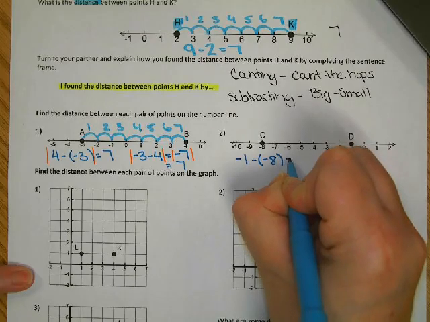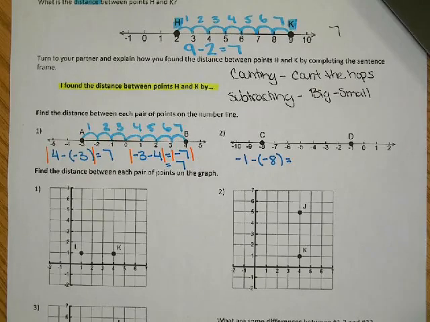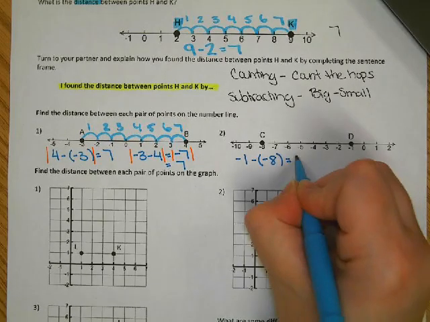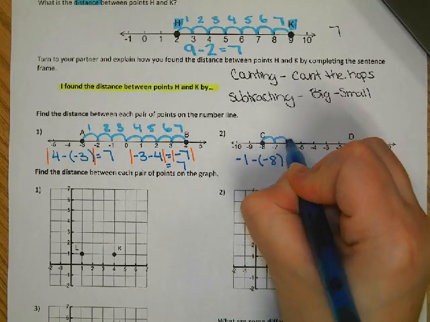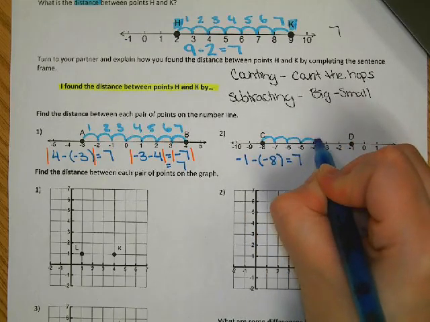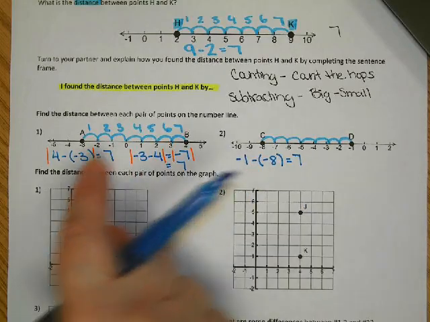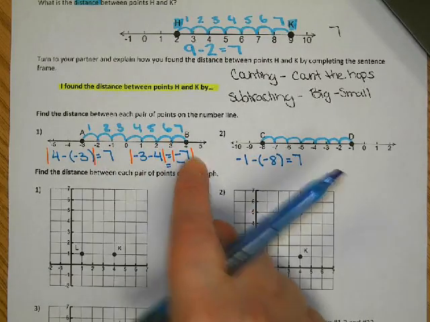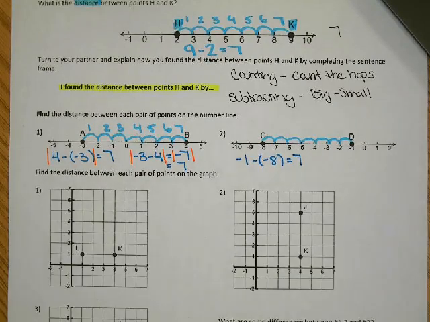Okay, what does -1 minus -8 give us? 7. Okay, so it's the same thing that you would get if you hop along this way. 1, 2, 3, 4, 5, 6, 7. So it doesn't matter if you're dealing with positive or negative numbers. You're still going to look at the number of hops, the distance. Okay? Questions on that?